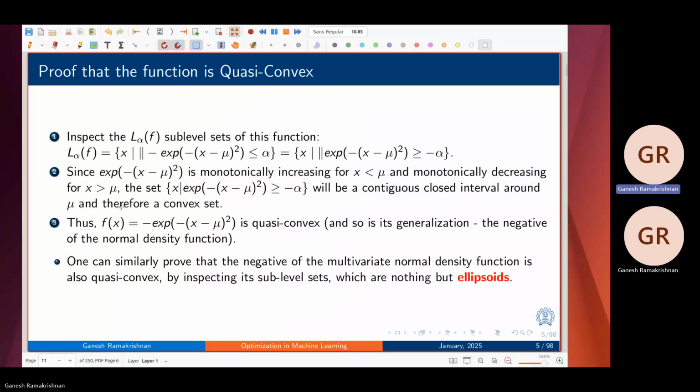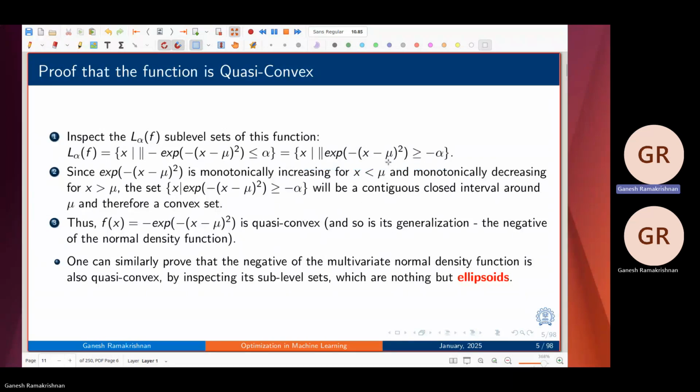Okay, so this is just a formal proof that the negative normal function is quasi-convex. So far I gave motivation, but it's very simple, right? Basically, the set of x such that minus exp of minus (x minus mu) squared is less than or equal to alpha, which is nothing but x such that exp of minus (x minus mu) squared is greater than or equal to minus alpha. Just adjust the signs.